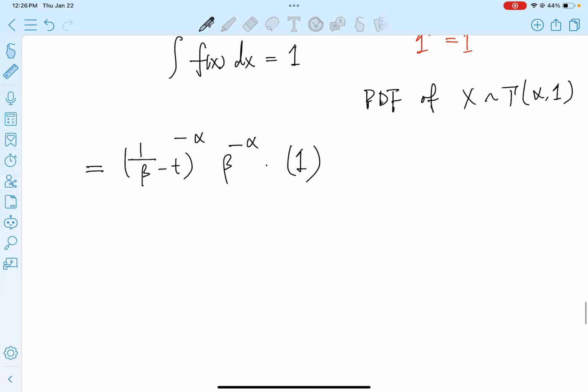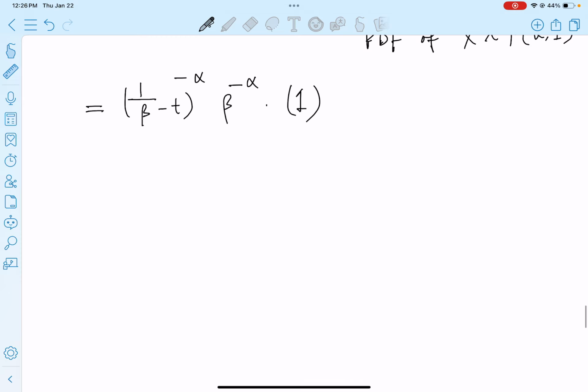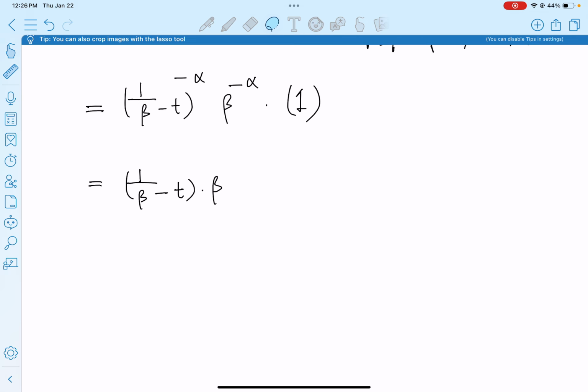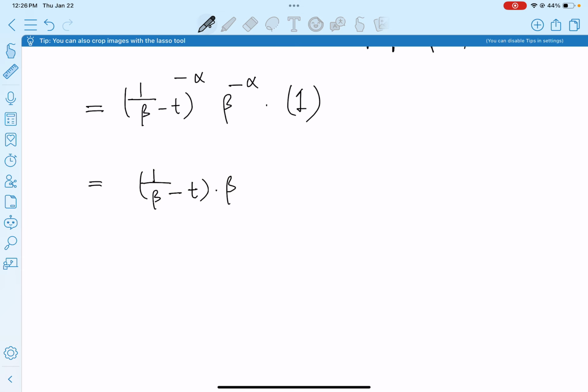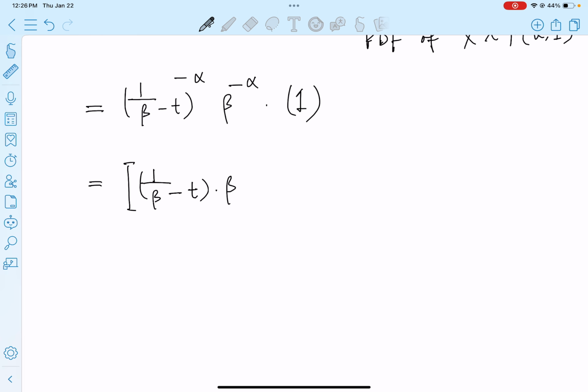So now let's take care of the first two terms. So we have 1 over beta minus a t multiplied by beta, and then all together raised to the power that is shared.